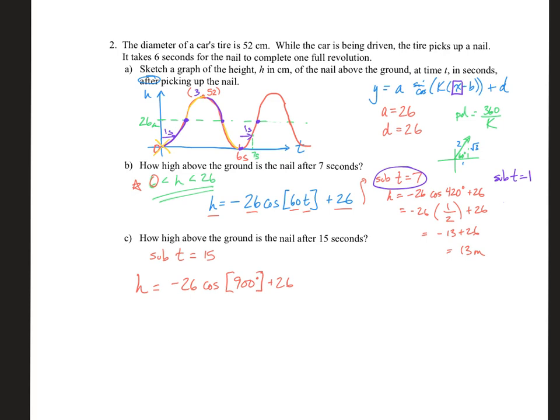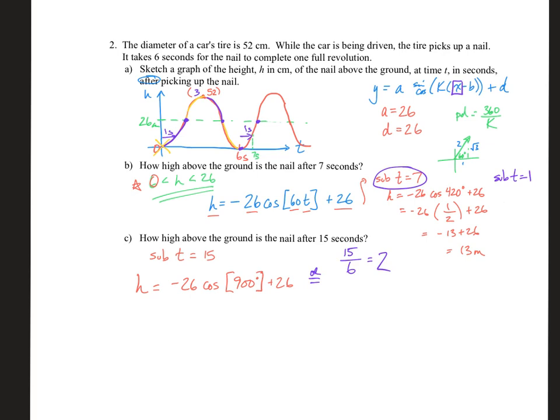So when I look at subbing t equals 15 in, my other option could have been this. Let's take 15 seconds and divide it by 6 seconds, because that 6 seconds is my period. Then I want to change that into a mixed number. If I divide that 6 into 15, it goes in 2 full times.